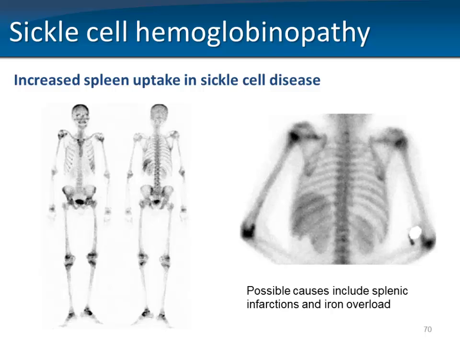One example of a sickle cell patient where I just wanted to show you the typical uptake of the spleen, but also note that there is a photopenic defect in the left hip, signaling an acute crisis. And please also note the diffuse heterogeneous uptake in the long bones and the skull, which is evidence of earlier crises. Again, increased uptake in the spleen.